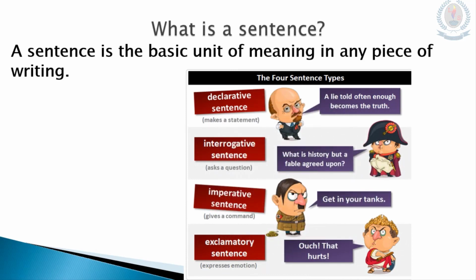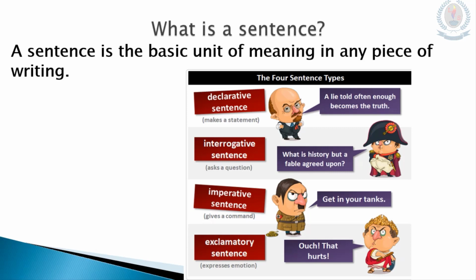So when we write in sentences in English language, there are 4 sentence types. The first one is declarative sentence. That means a sentence or a statement which is used to give information or an idea. Now the example given here is, a lie told often enough becomes the truth.